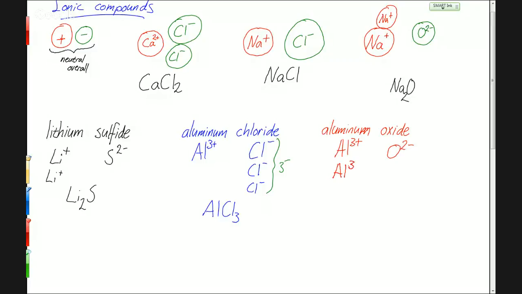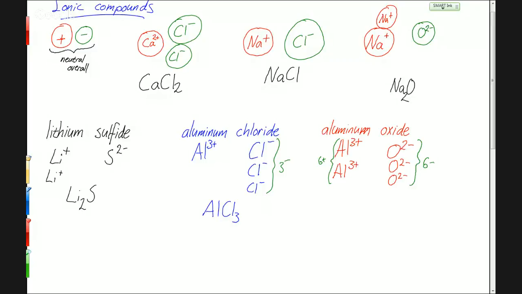We take 2 of these to make 6 plus overall, and then we can make 6 minus from 3 oxides. See how the 2 aluminums make equal to 6, or the 3 oxides?